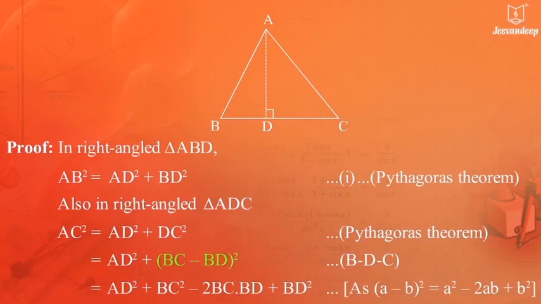Comparing BC minus BD whole square to A minus B whole square, we get AD square plus BC square minus 2BC BD plus BD square.